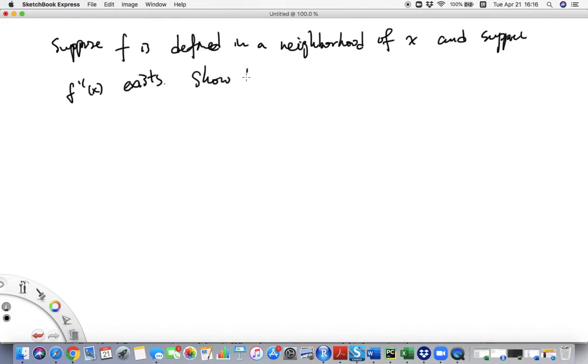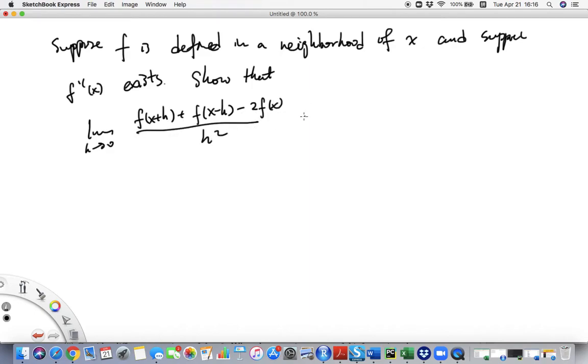Show that the limit as h goes to 0 of f of x plus h plus f of x minus h minus 2 f of x, over h squared, is equal to the second derivative of f at x.